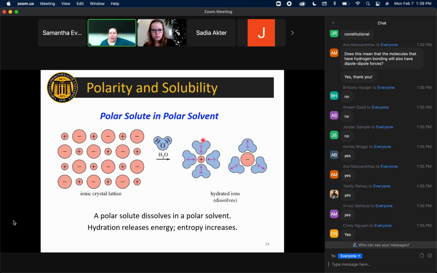And they can use their positively charged end, the hydrogen end of the Mickey Mouse, to surround and solubilize the anions. And so in a polar solvent, a polar solute will dissolve.